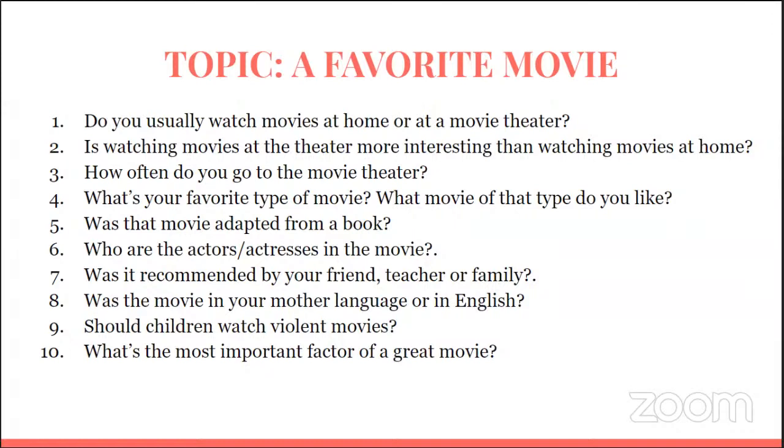Okay, I think the movie should be interesting, and it's dependent of the people. But I think interesting and action and romantic maybe, and that's it.